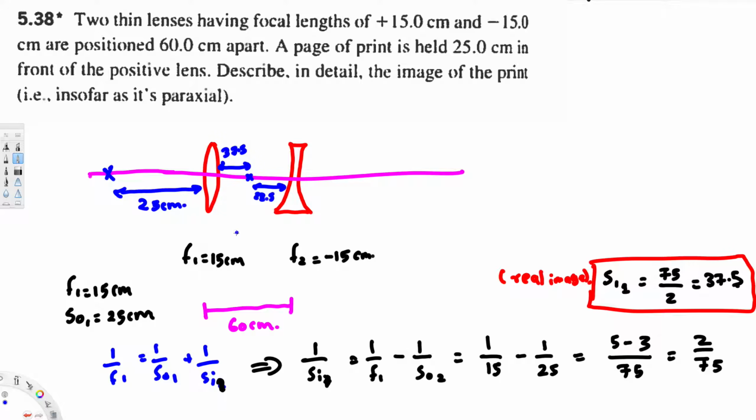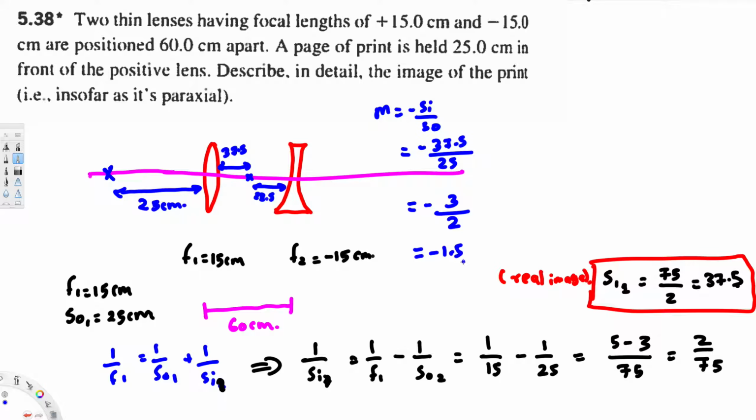To find whether this image is inverted or upright, we can use the magnification formula: m is equal to negative si over so. We found the image distance is 37.5, so this is negative 37.5 over the object distance of 25. 25 is 12.5 times 2, and 37.5 is 12.5 times 3, so negative 3 over 2 gives us negative 1.5.